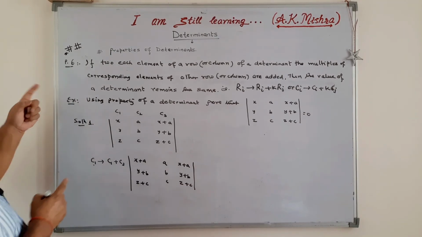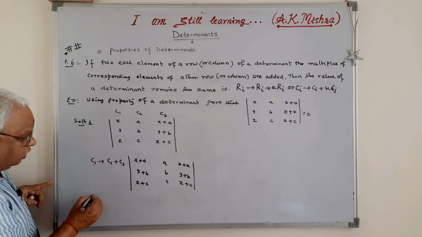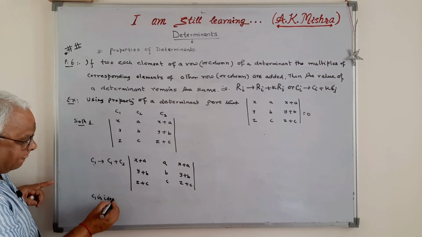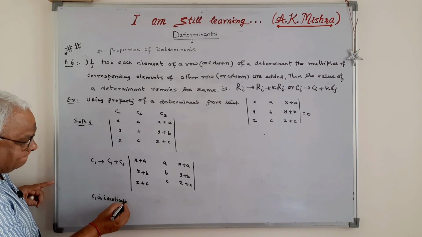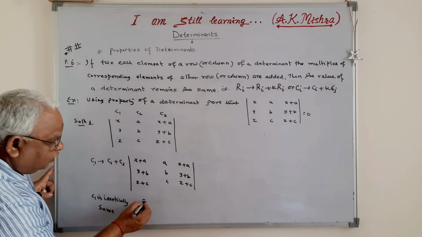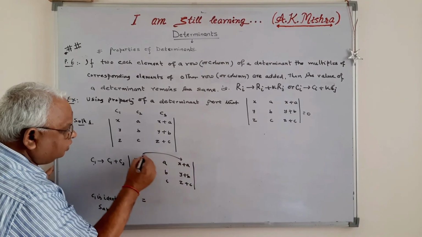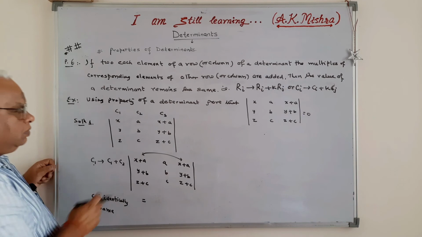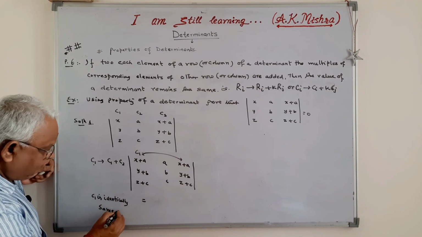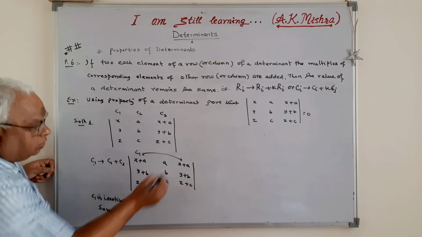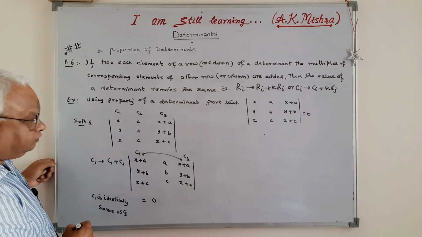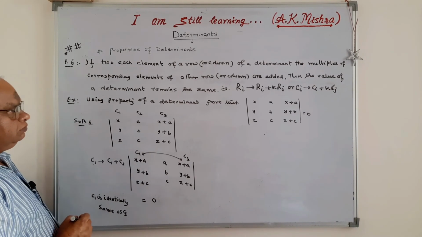We did use that property where we said here C1 is identically the same. So in this determinant, this column C1 is the same as C3, so you can directly write the answer 0.